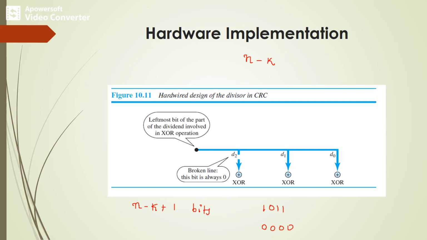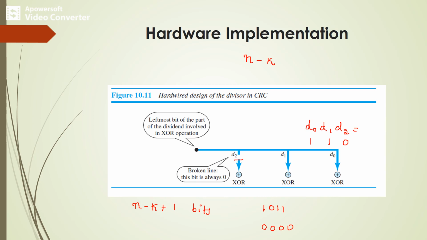So we can observe that in the diagram the broken line always represents bit 0. Here we can write the values of D2, D1 and D0: the value of D2 is 0 and D1 is 1. Since it is XORed and there is a connection, the line is not a broken line, so D0 is also 1.